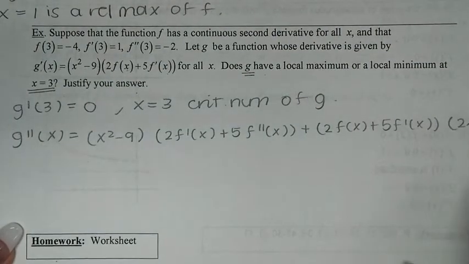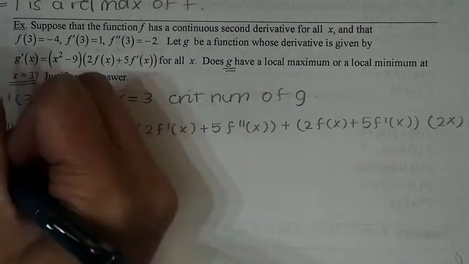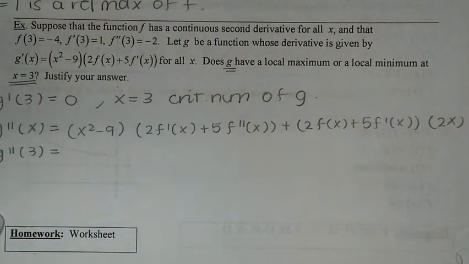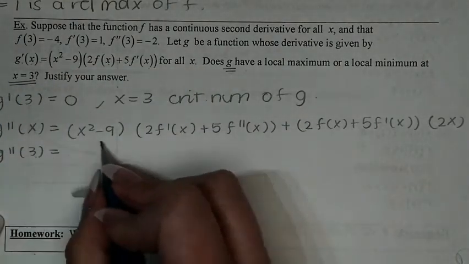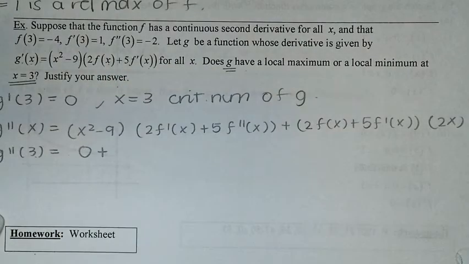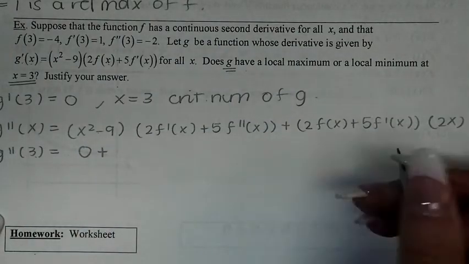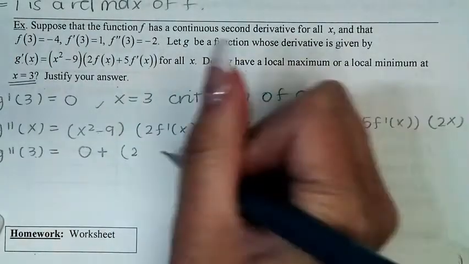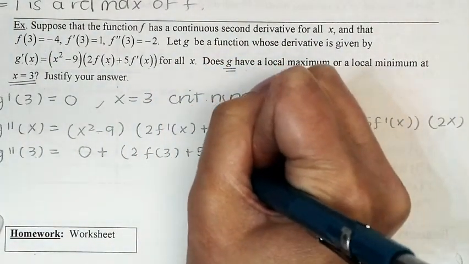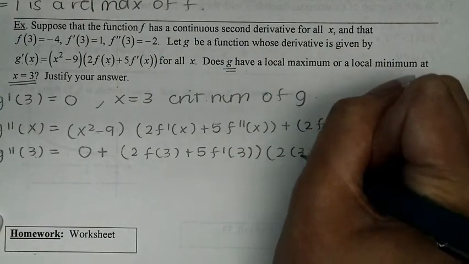We want it evaluated at 3, to apply the second derivative test. When you apply the 3, the x squared minus 9 goes to 0, so I'm just going to put the 0 to remind you that I already evaluated that, because it's multiplying. Then you have 2 times f of 3 plus 5f prime of 3, times 2 times 3.